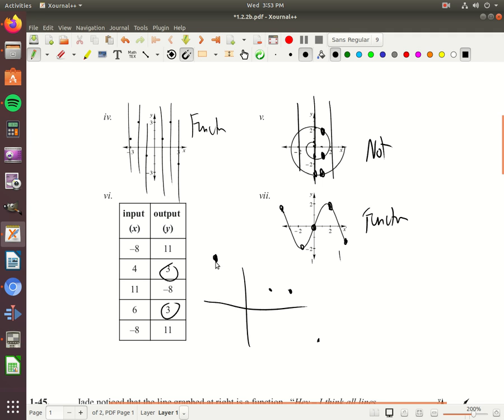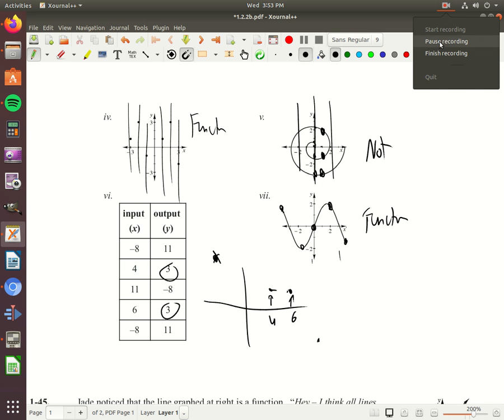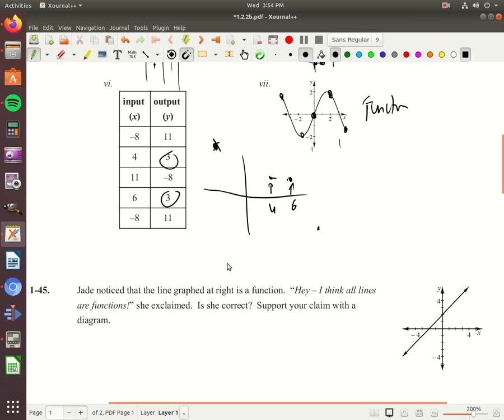That's fine. Every time I hit -8, I get an 11. I did it twice. That's consistent. Here, who cares if I get a 3 two times? When I press a 4, I get a 3. When I press a 6, I get a 3. That's totally fine. So anyways, this one is a function. I know I went on and on about that one.